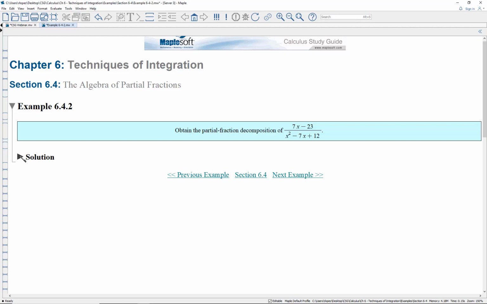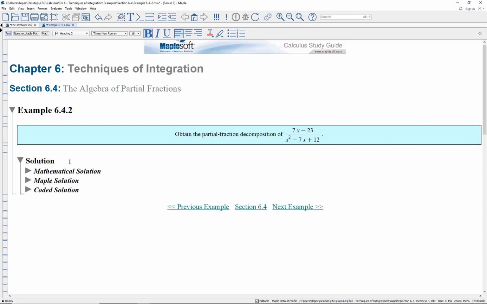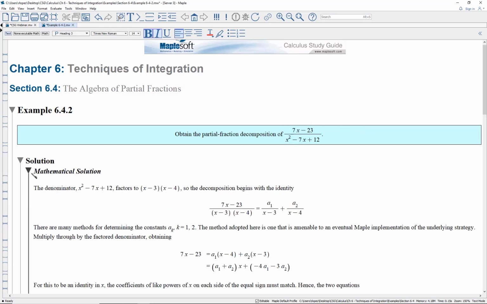Those integrals are trig integrals, and they require trig substitution sometimes, and so forth. That's a story for another day. Okay, so here is a rational function. Mathematically, here is what you would do with a pencil and paper in order to decompose this fraction.